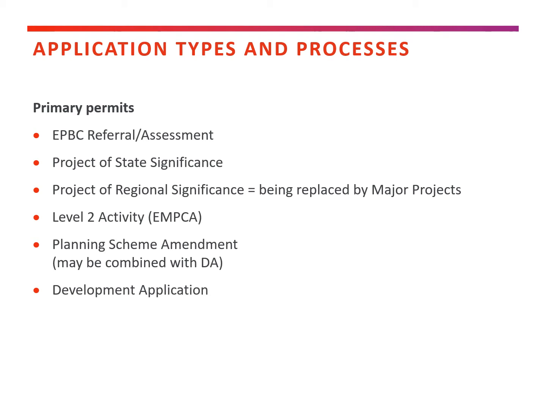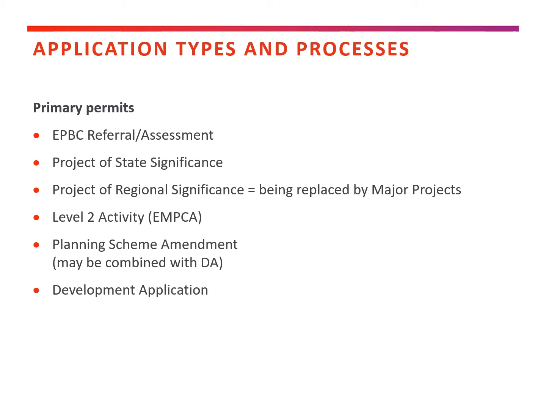So hopefully by now, where you see EPBC, you know what it means. This is the Commonwealth Environmental and Planning legislation, and depending on what's involved, you might be triggering a matter of national environmental significance, in which case you would refer it and the Commonwealth Minister would decide whether they need to take a closer look and do an assessment.